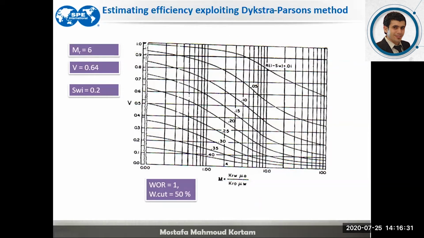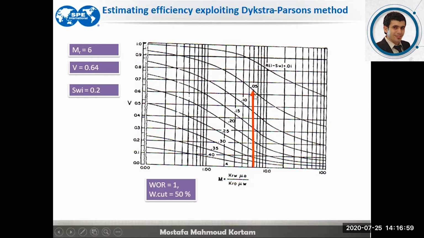So how do we exploit the extraversion coefficient? There is a typical form of chart with the extraversion coefficient on the y-axis and the mobility ratio on the x-axis, and the curves represent the recovery factor or recovery efficiency, including the term of the water saturation.